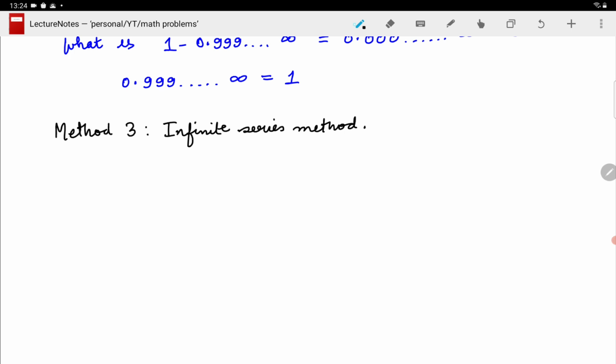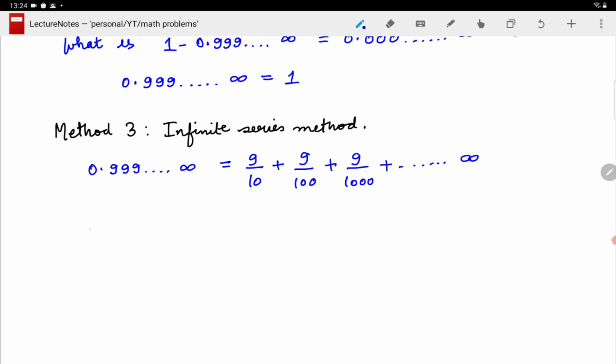Let us write 0.999 extended to infinity in a different way. This can be written as 9 by 10 plus 9 by 100 plus 9 by 1000 and so on up to infinity.